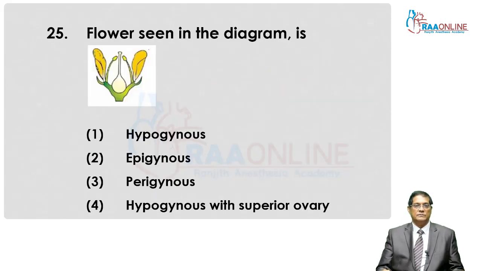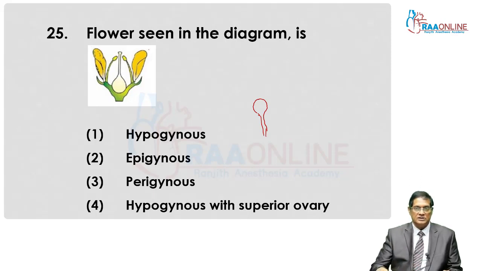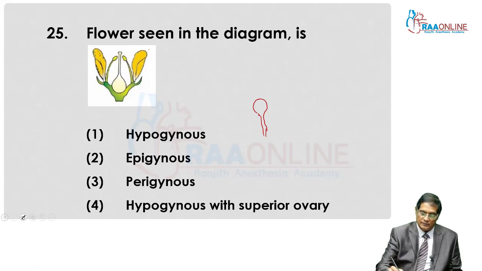This is the diagram for question 25, and it is showing the position of the ovary. See this one. This is the receptacle or thalamus and its swollen upper structure. See the first one. On the thalamus, the ovary is at the top.